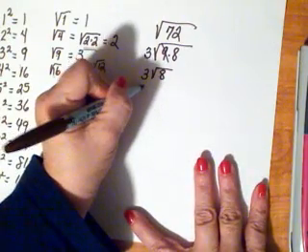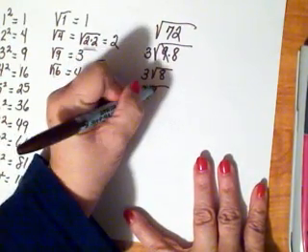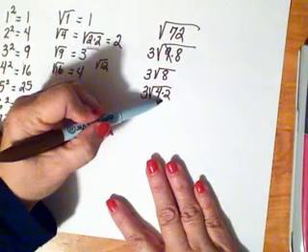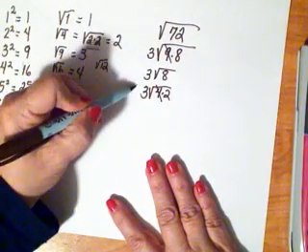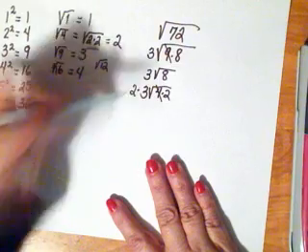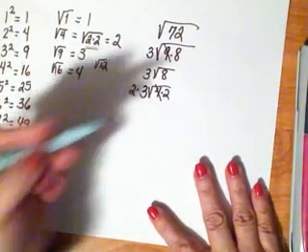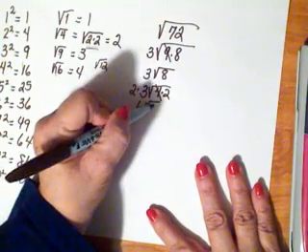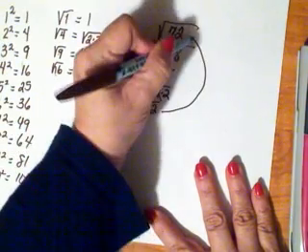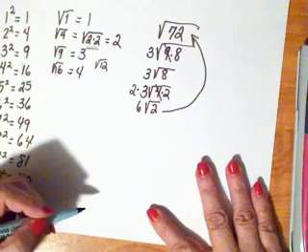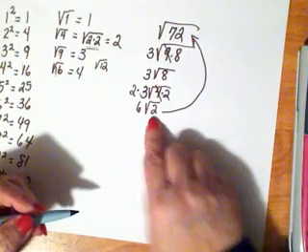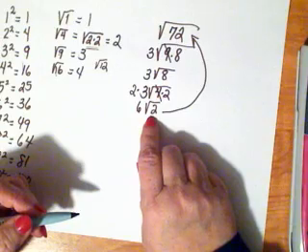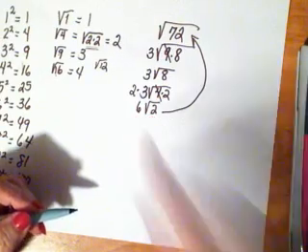So this would be like 4 times 2. Okay, so now the square root of 4 is 2, so it goes out here, and then it would multiply times what's already out there. So 2 times 3 is 6, so that the square root of 72 in simplest form is 6 square root of 2, or 6 times the square root of 2.